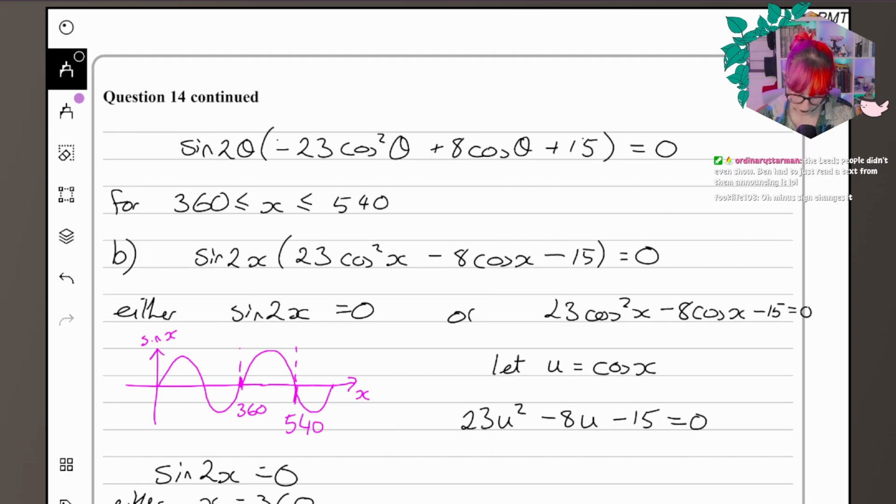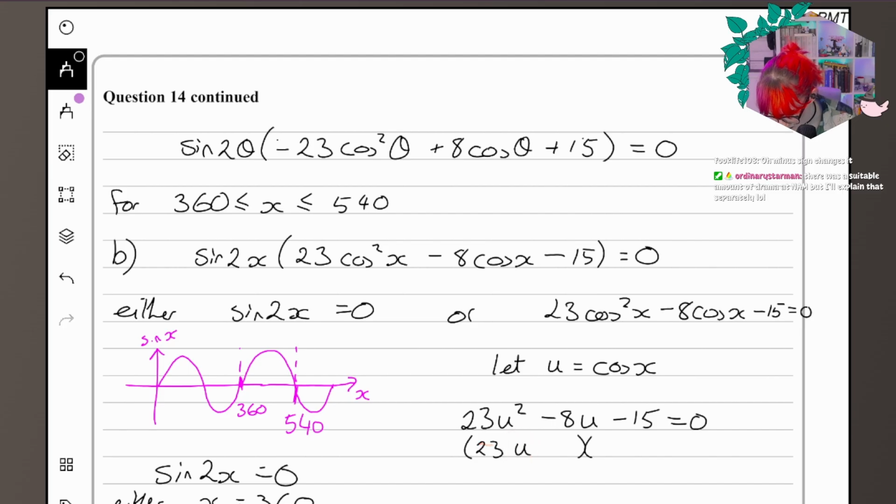So we solve this for u. Please tell me the difference between 23 and 15 is 8. It is. Fantastic. So we get 23u, just 1, u, 15.